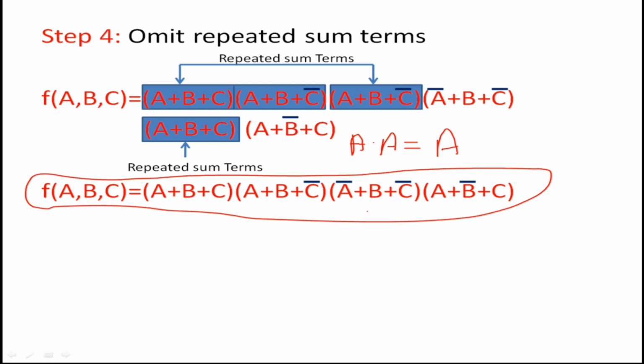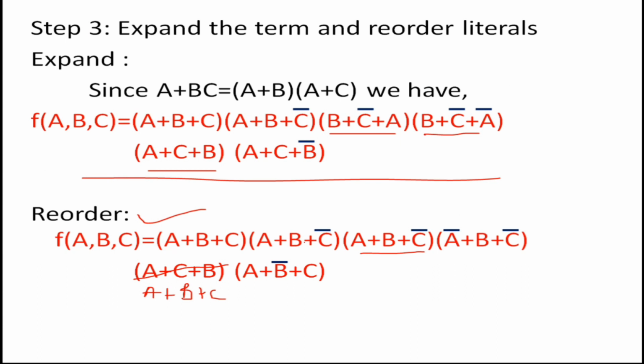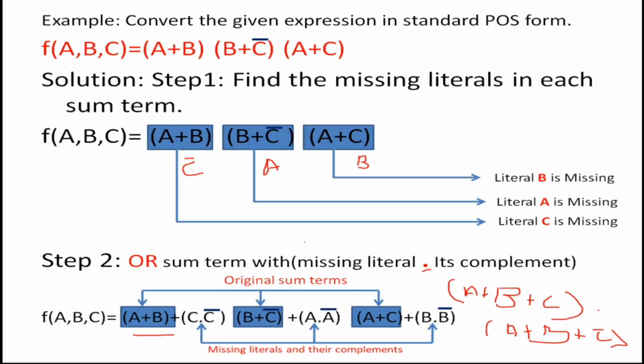Now this is the expression we have got. We call it a standard product of sum form expression, which was not the earlier case. So once again we go back to the steps to understand what we have done in this given example.